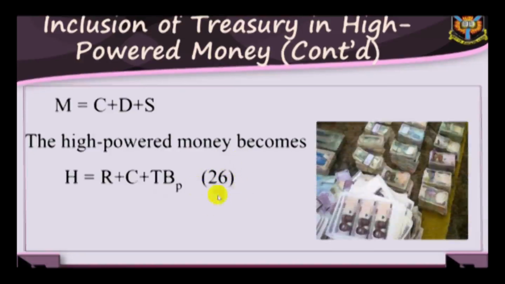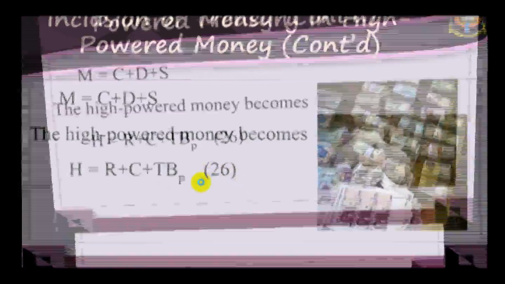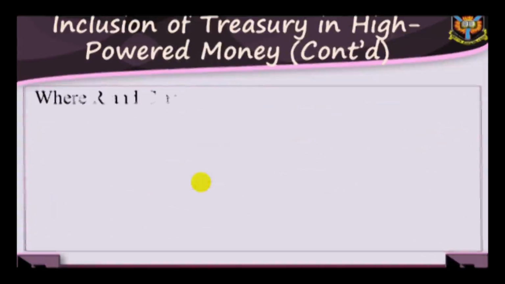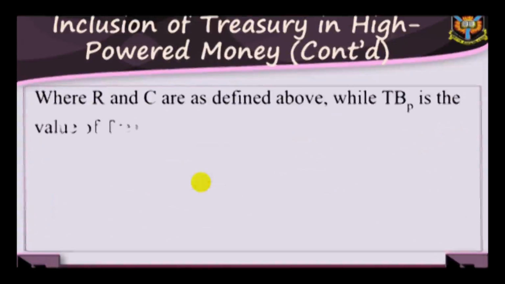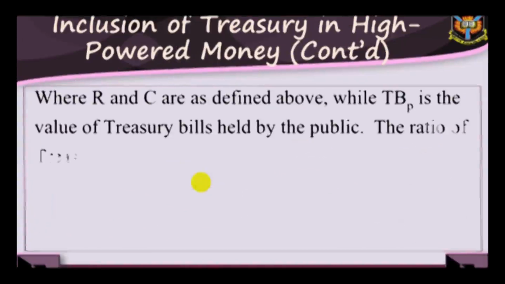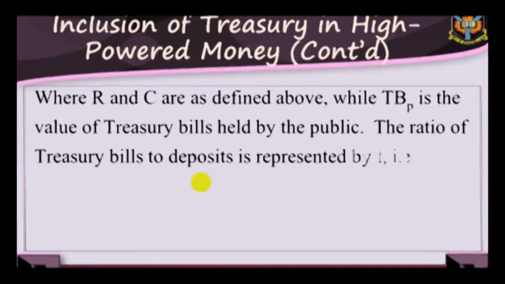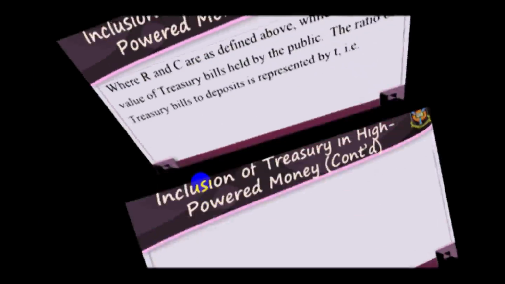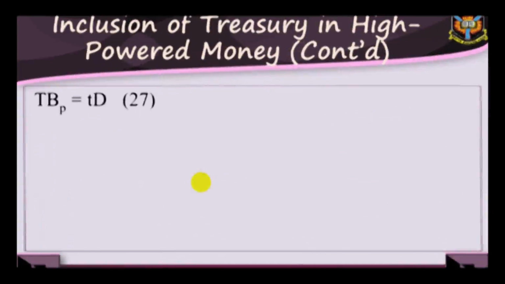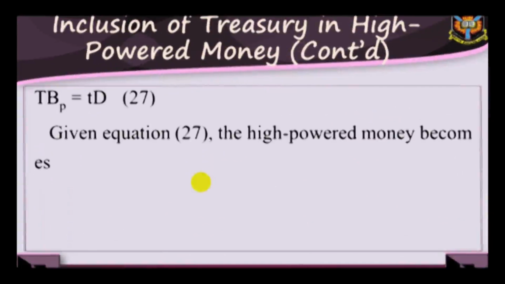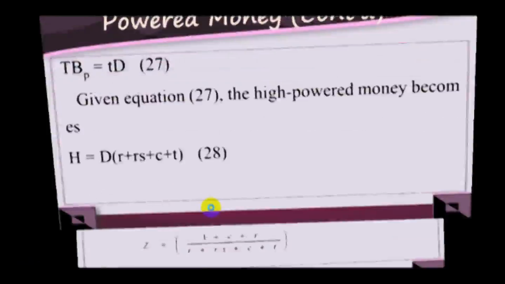The ratio of treasury bills to deposit is represented by t. Given equation 27, high-powered money becomes H equals D of (r plus rs plus c plus t). D equals H over (r plus rs plus c plus t).